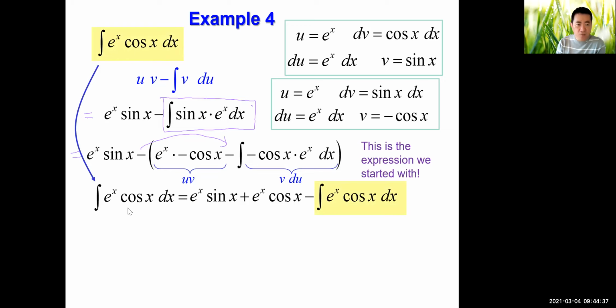The original integral that we started with equals this minus the same integral we started with. Had we been able to integrate this, we would have been done. But we couldn't, because that ended up with the same expression we started with. So what can we do?